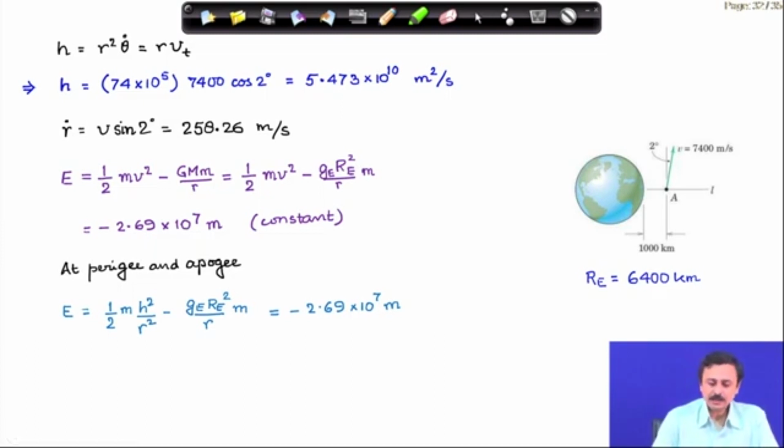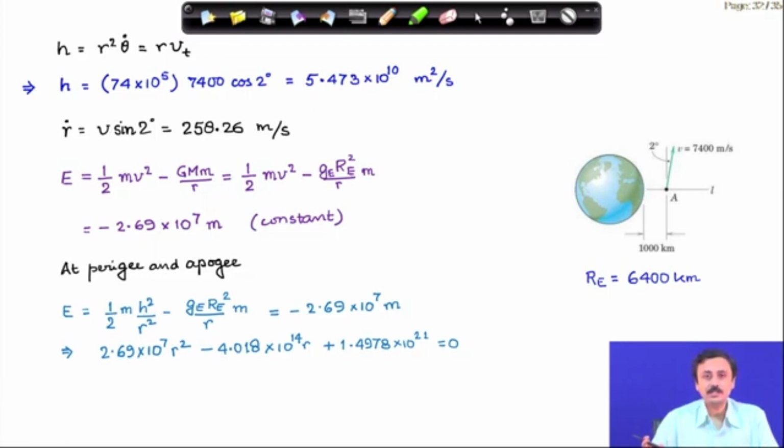Now, from here I have a quadratic in R. Here R stands for the radial distance or the radial coordinate of the perigee and the apogee. Why are we getting a quadratic equation? And this should have real solutions because it is an ellipse.